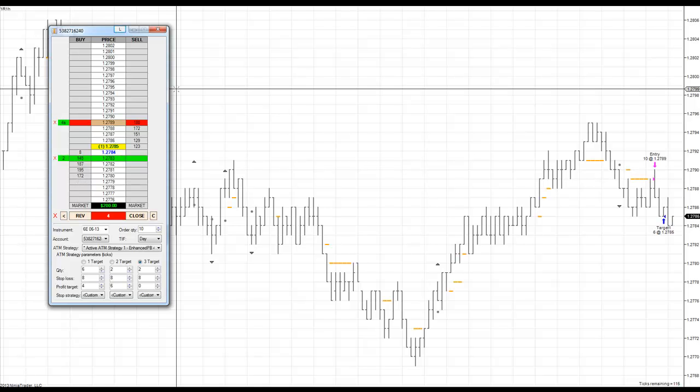It's trying to get filled. It's coming down and touching. Just letting it cook, let it do its thing.